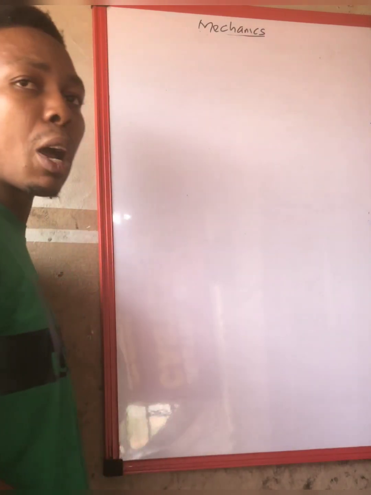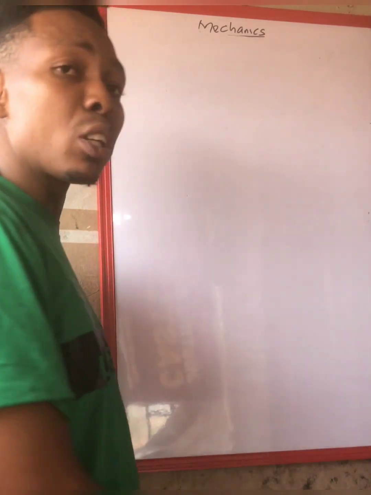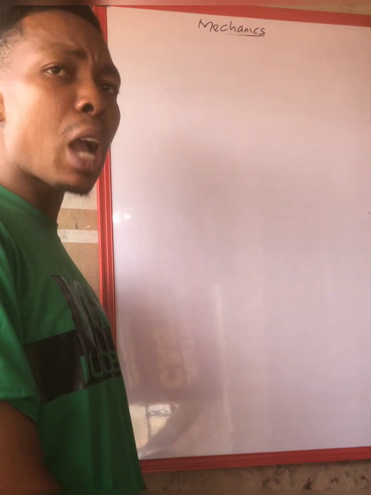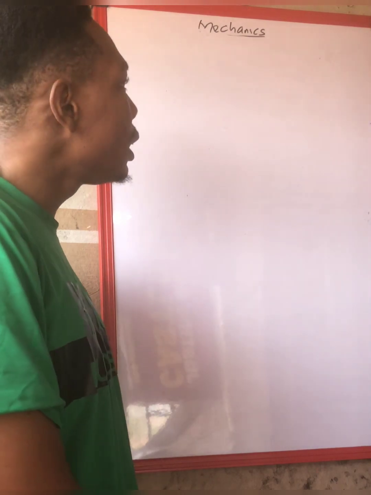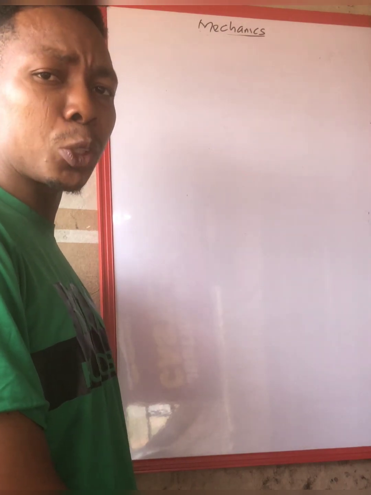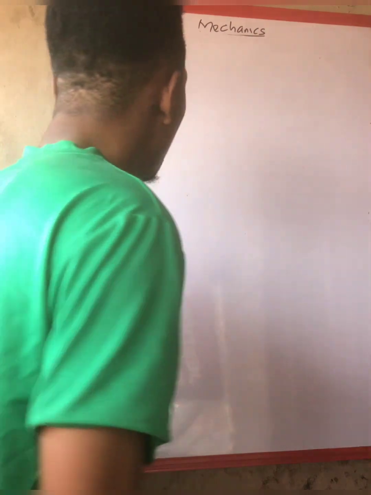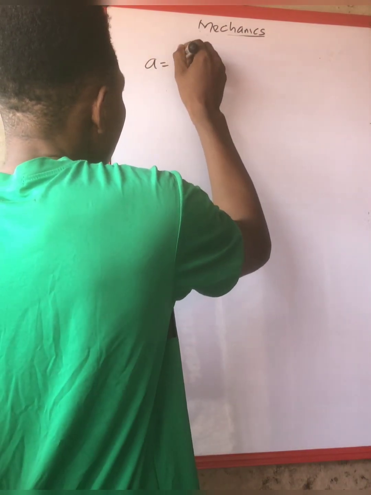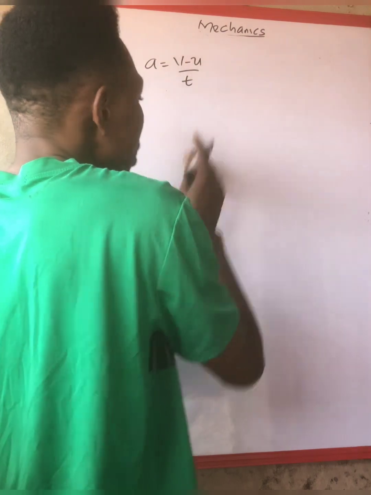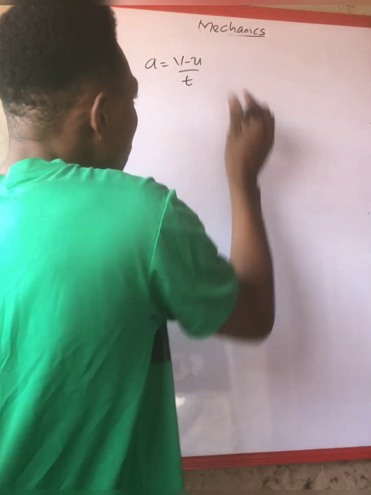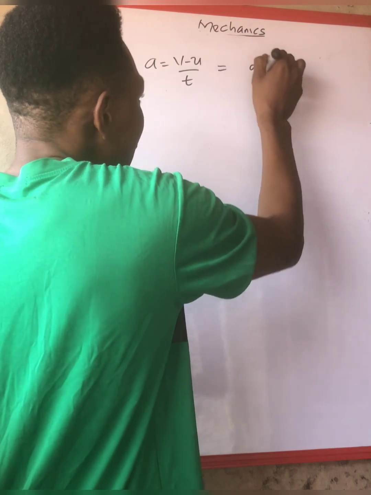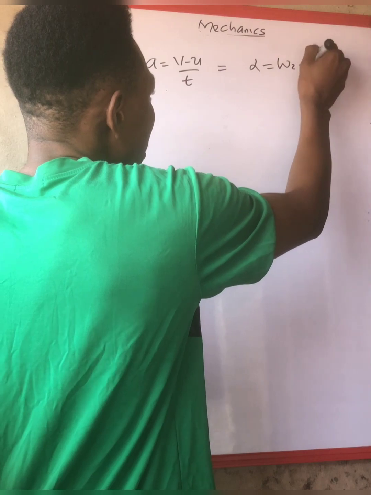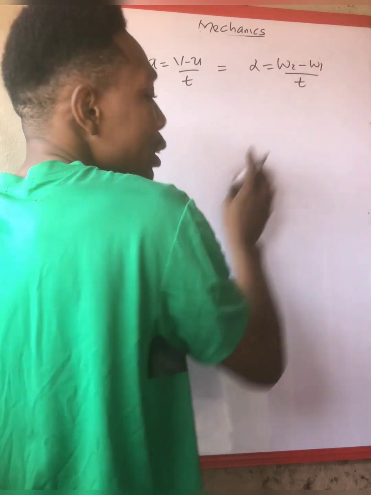Now what normally happens is this. Most of the formulas are very easy to get. You can convert from your linear motion to an angular motion. From the first equation of motion, we have a equals v minus u over t. When you are converting it to angular, don't forget a is the same thing as alpha, and v is the same thing as W2 minus W1 all over time.